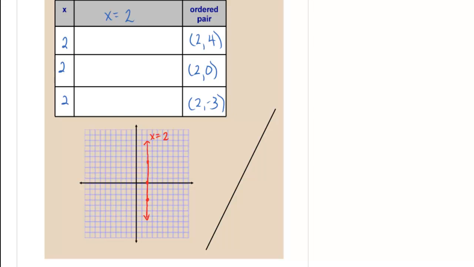In the equation x equals 2, that means that x will always be 2 and y could be anything. So this is really the equation 0 times y plus x equals 2.